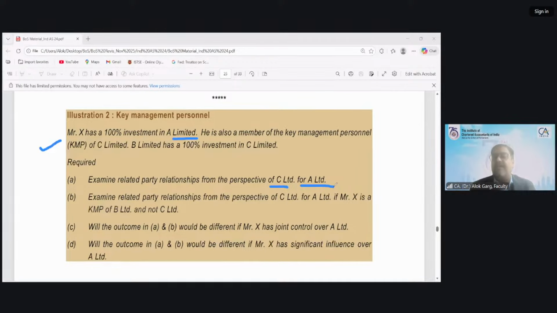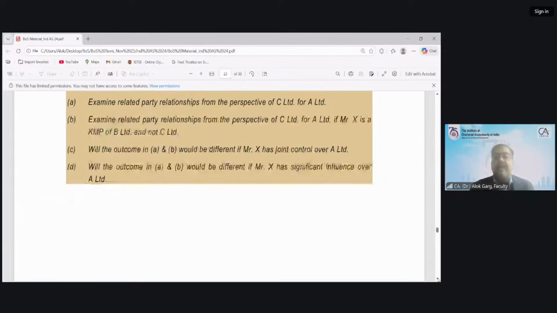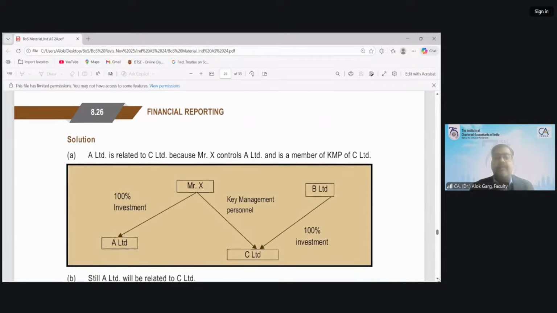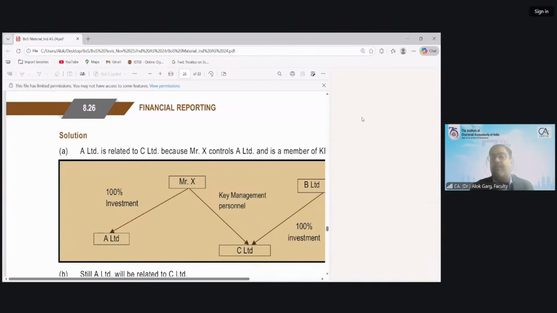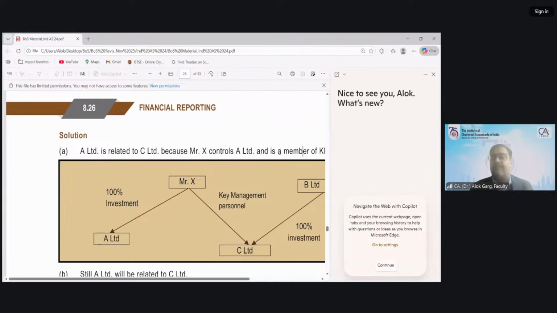Yes, A is a related party because the party which is KMP in C also has a control over A, and hence A Limited is a related party. Right? A Limited is related to C because Mr. X controls A Limited and is a member of KMP of C Limited, right?